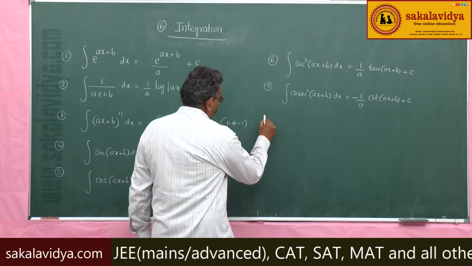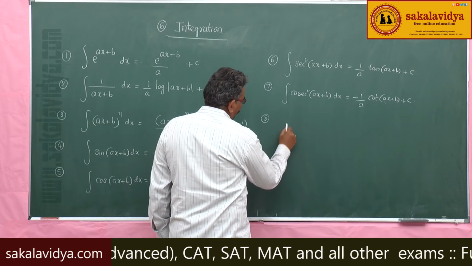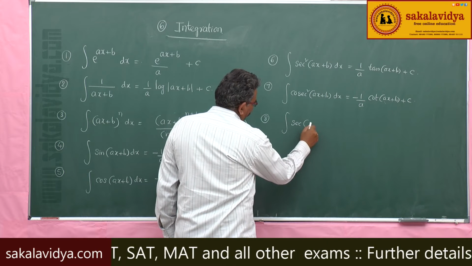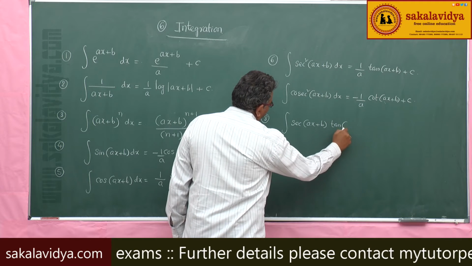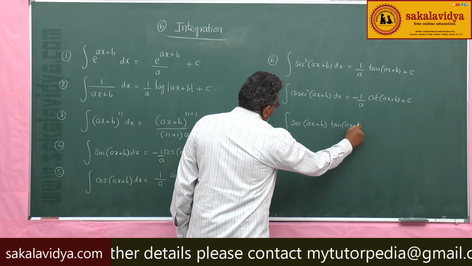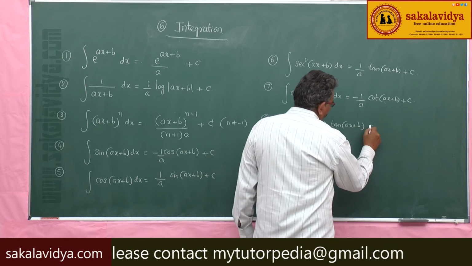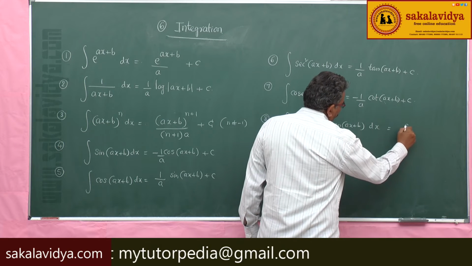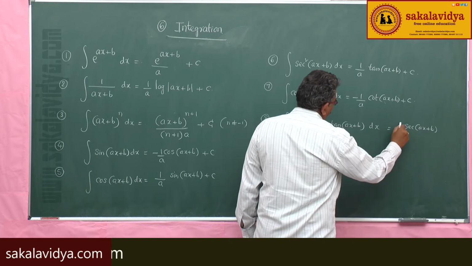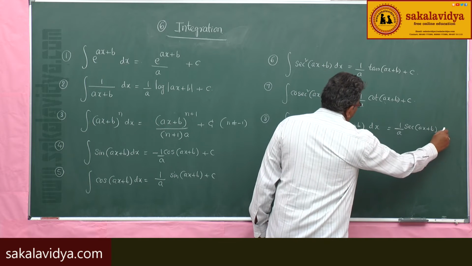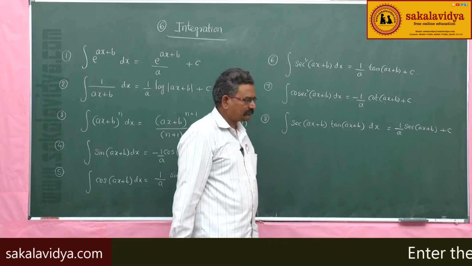Now, integral of sec of ax plus b tan of ax plus b dx. This is sec of ax plus b derivative is a, so 1 by a plus constant of integration.